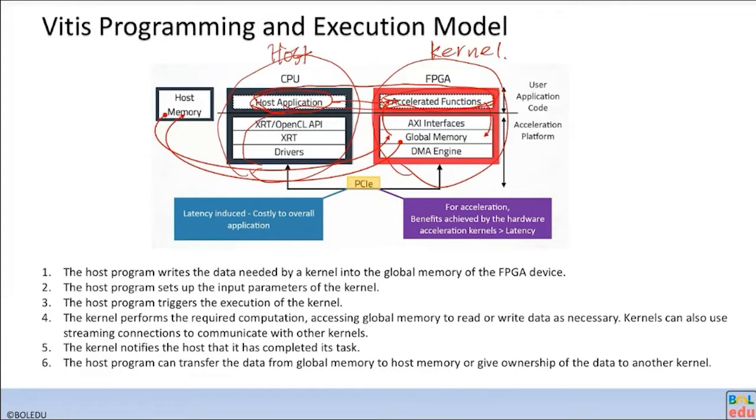On the host side, you have the XRT and its API and OS drivers. On the FPGA side, you need hardware components, including the DMA engine, global memory, and the AXI interface.